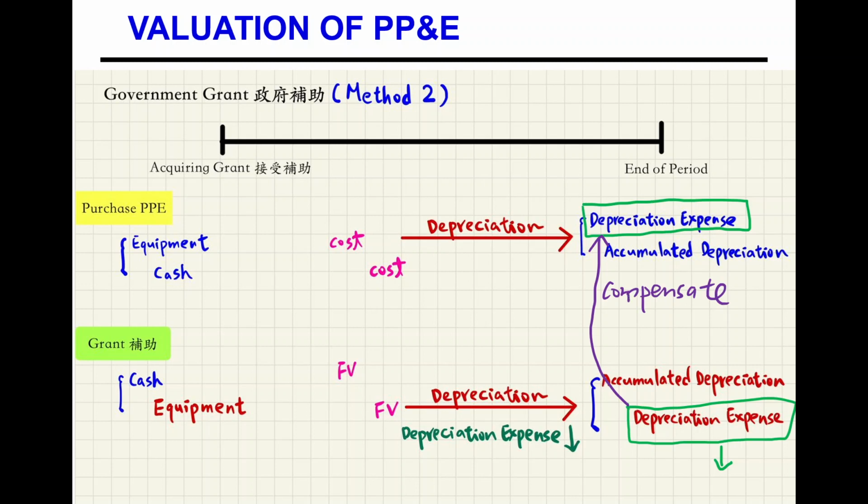So did you find out in the end, you use decreased depreciation expense to compensate your depreciation expense. In the end, you will get what? Less depreciation expense. Since you have less depreciation expense, means what? Your net income will be higher, better, right?